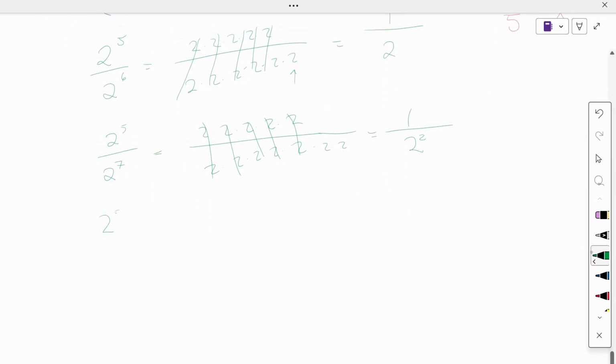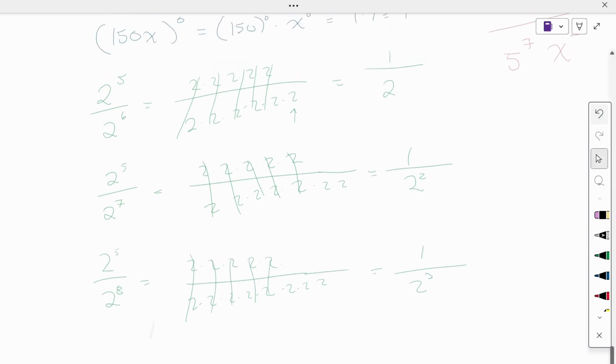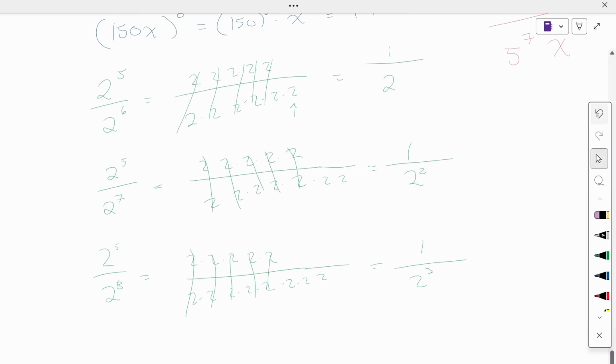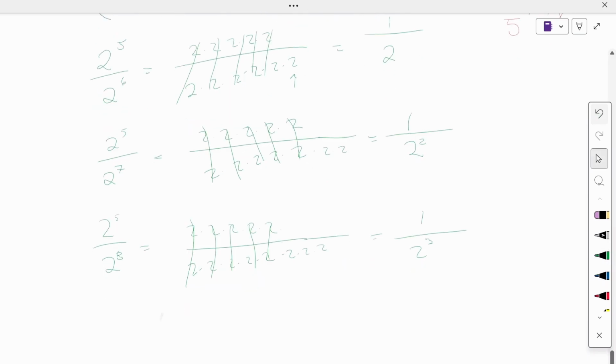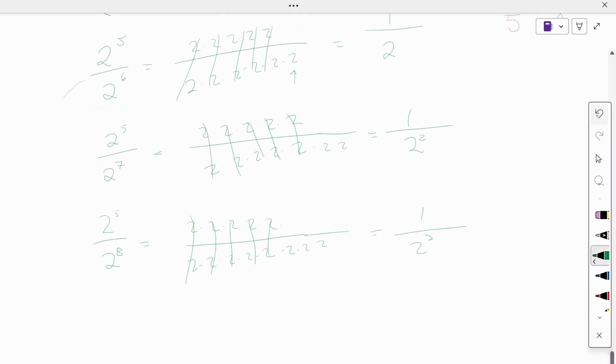And if you just keep doing this, you get 2 to the 3rd in your denominator. And so in order to obtain the negative exponent law, you just utilize your subtraction rule.